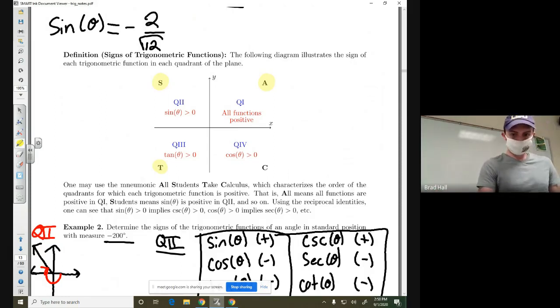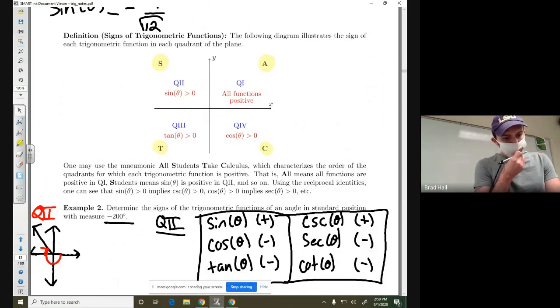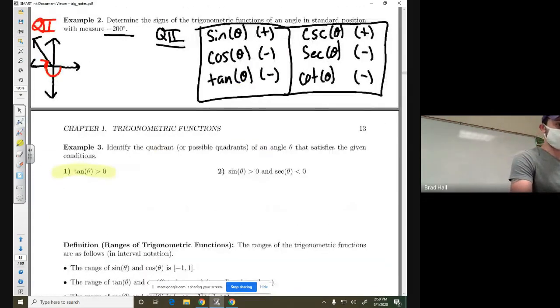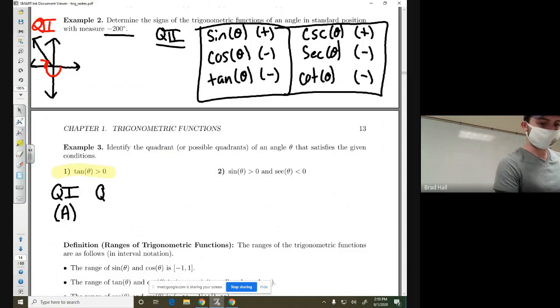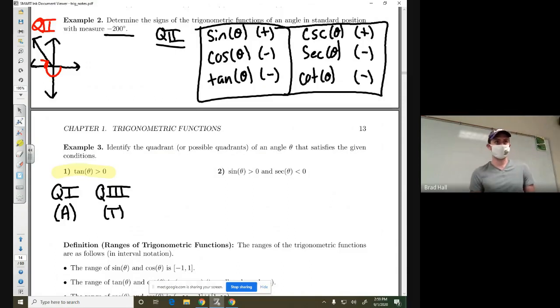So good. And then the last one, cosine only, so not tangent. So to answer the question, tan will be positive in quadrant 1, which is all, and quadrant 3, which is the T part. So all students take calculus, it's the T part. And that's it. That's your answer, just quadrant 1 and quadrant 3.